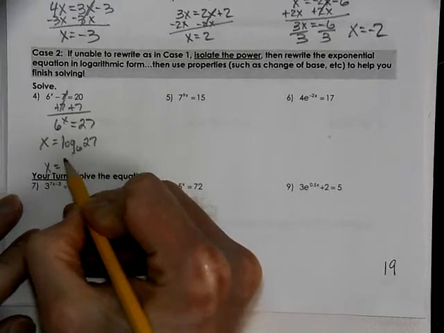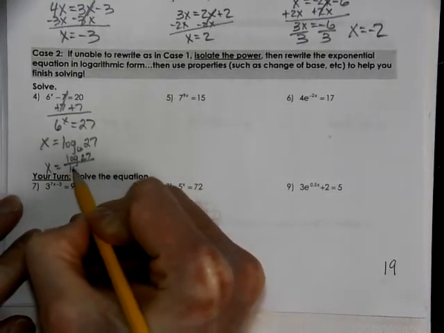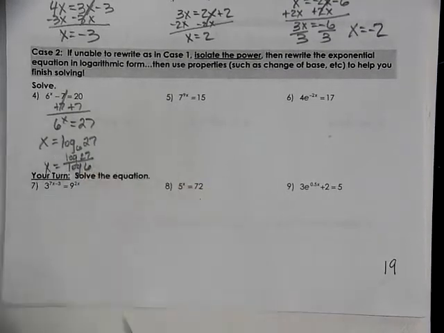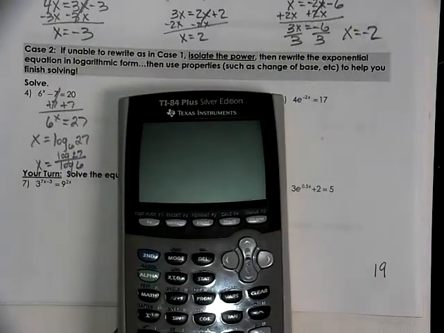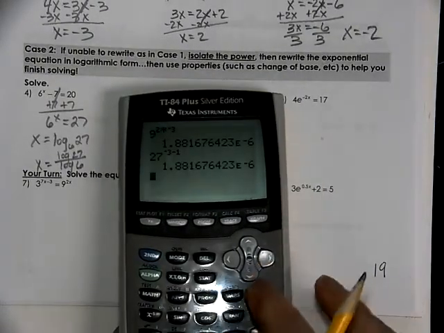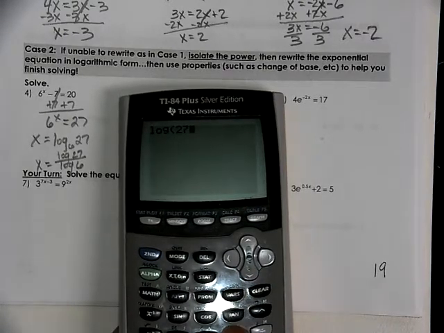So here we would need to use the change of base formula. Log of 27 over log of 6. So we can type it into our calculator.